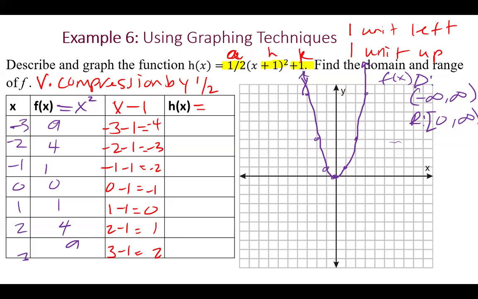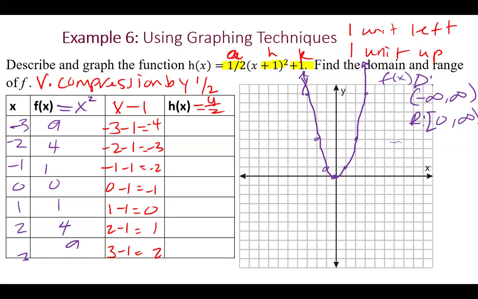When we are using PEMDAS, what do we do first? We're going to divide or multiply first, and then we're going to add or subtract, correct? So the first thing we need to do is our compression. So if I'm multiplying by 1/2, it's the same thing as dividing by 2. Multiplying by 1/2 is the same thing as dividing by 2, right?